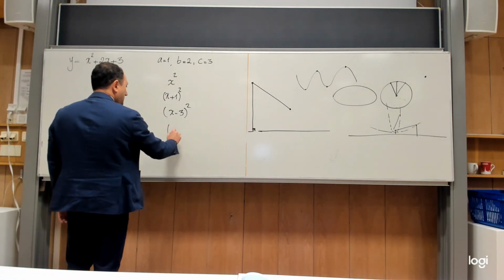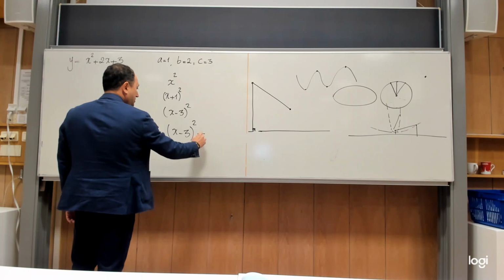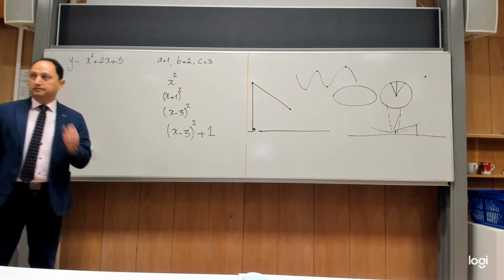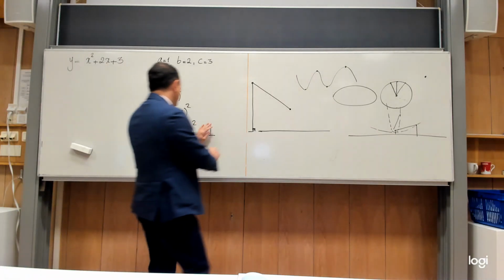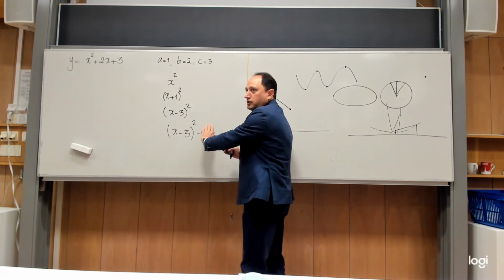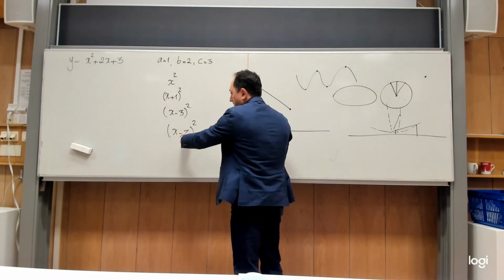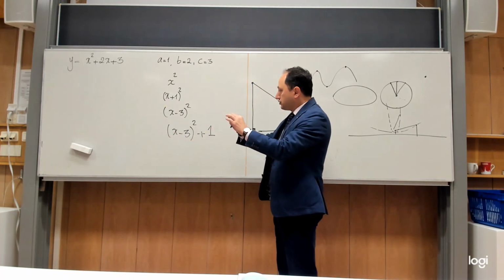Okay, what is the minimum of this and when is it achieved? Yes? It's 1, and when is it achieved? When x is 3. Is that right? Because you already told me the minimum of this part is 0. So this expression is actually assuming some values.